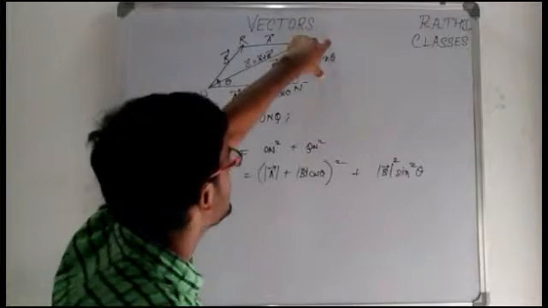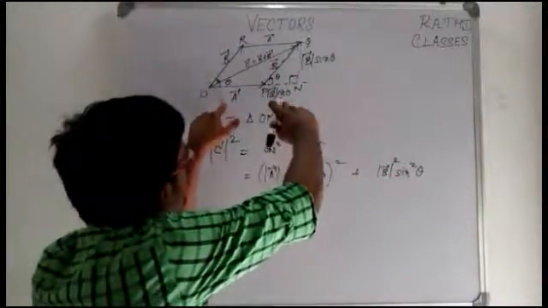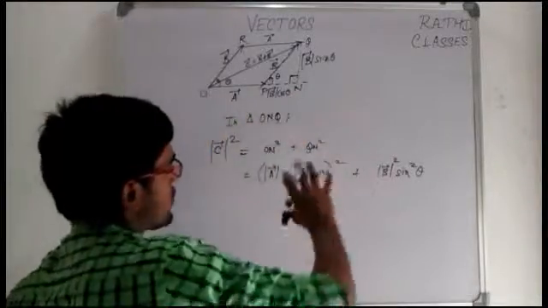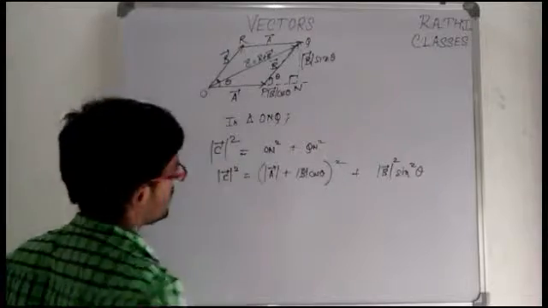Where this length is B sine theta, square is B square sine square theta, and A plus B cos theta is this total length. So A plus B cos theta whole square. This will be modulus of C square.